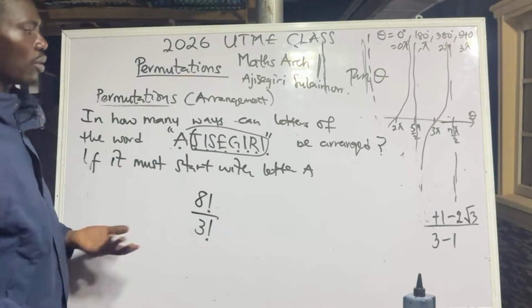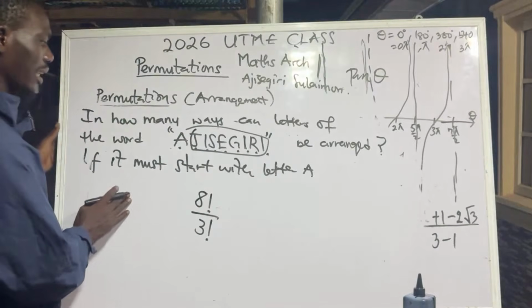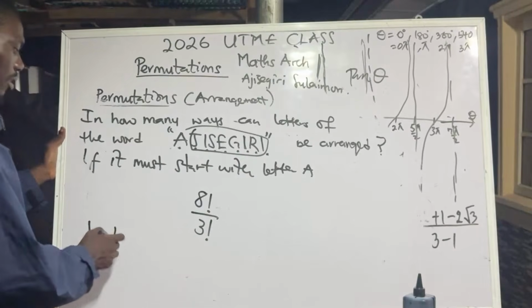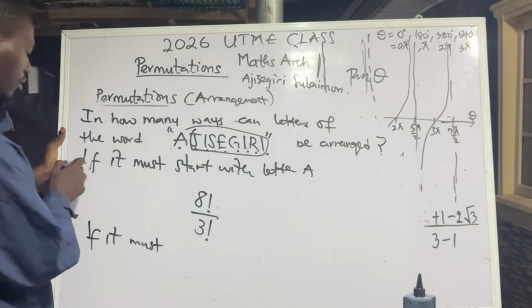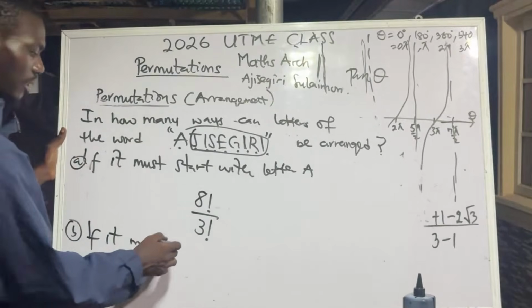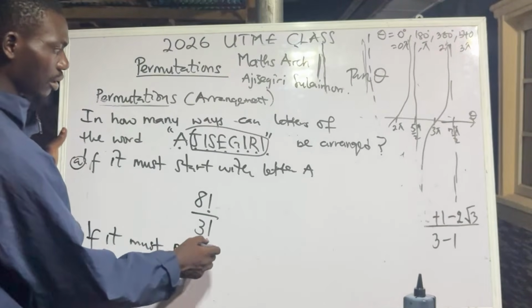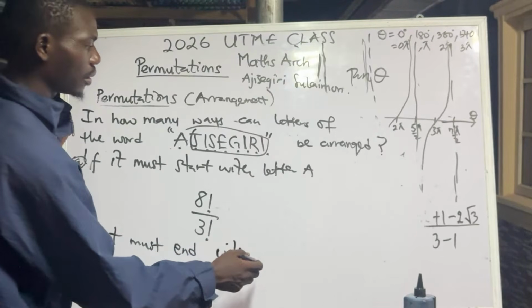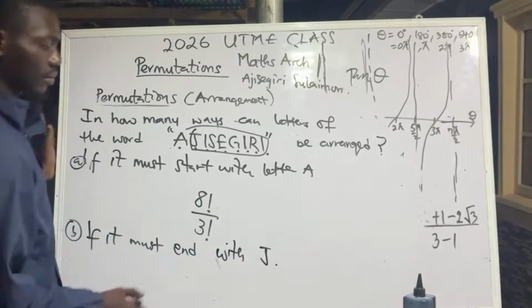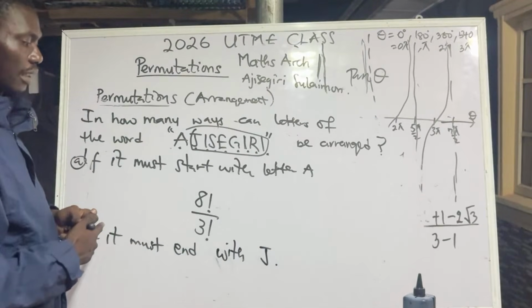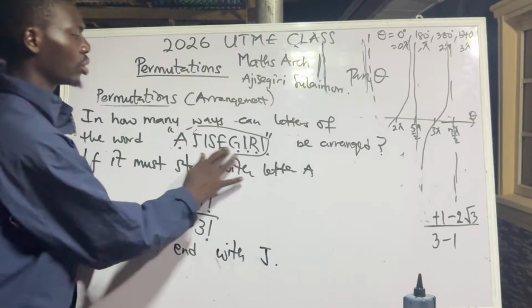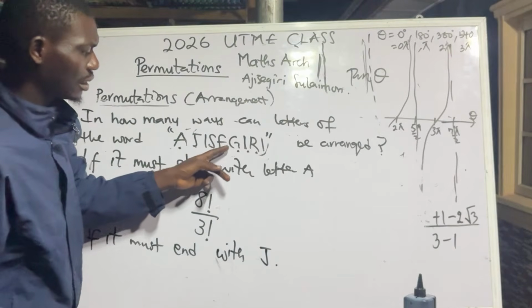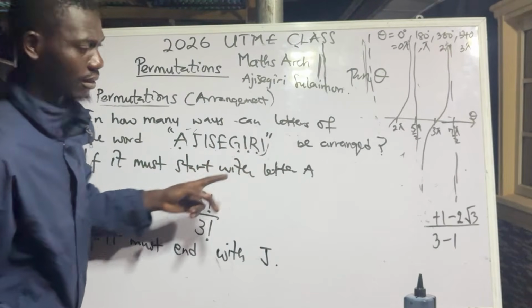Okay? And also, if it must end with letter J, that means we already know the position of J. What we just want to arrange is A, I, S, H, E, G, I, R, I. Do you get that now?